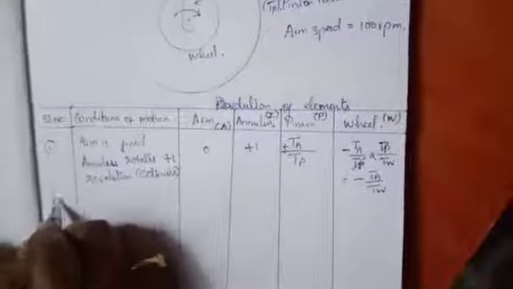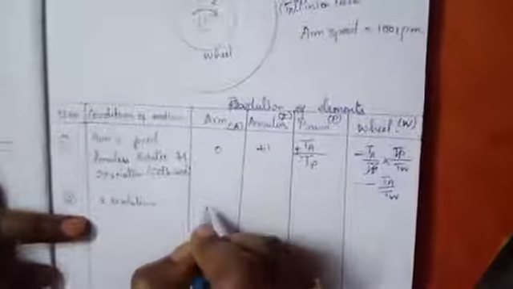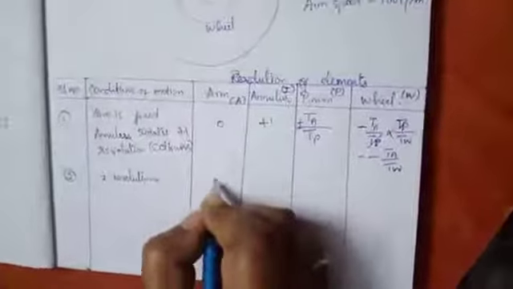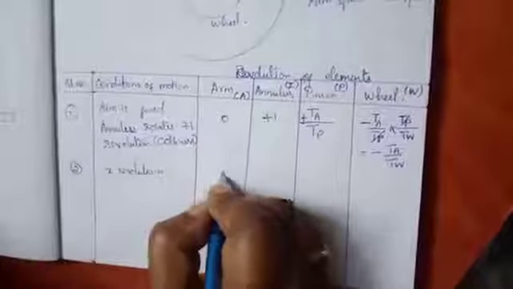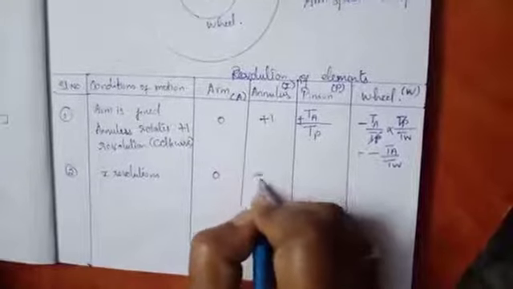And the second one, irrespective of the rotations, you need to add x revolutions in the same direction. So x revolutions you need to add. Simply 0 into x, that means you have to multiply this. In the same direction you are increasing the revolution. Here there is no rotation, so you will get 0. Here you have plus 1 revolution; instead of plus 1 you will get plus x.